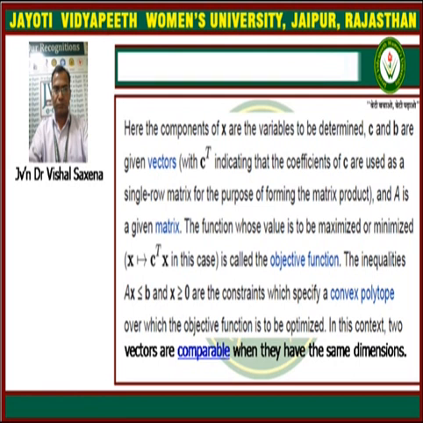The function whose value is to be maximized or minimized is called the objective function. So here Z, meaning C transpose x, is called the objective function, whose value is to be maximized or minimized, and the inequalities Ax less than or equal to b and x greater than or equal to 0 are the constraints which specify the convex polytope over which the objective function is to be optimized.